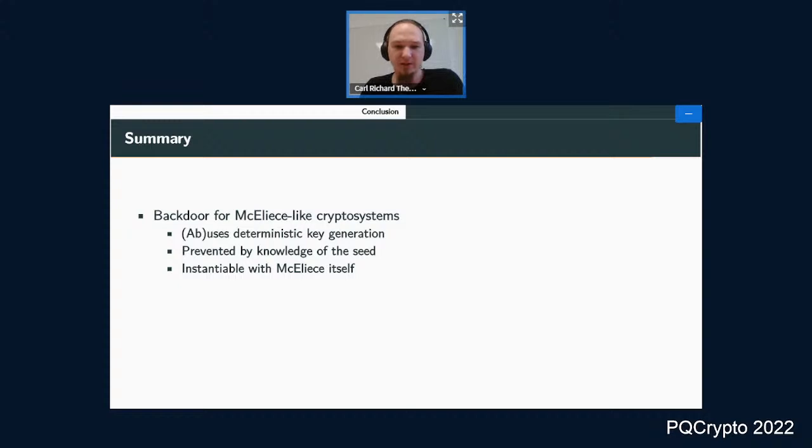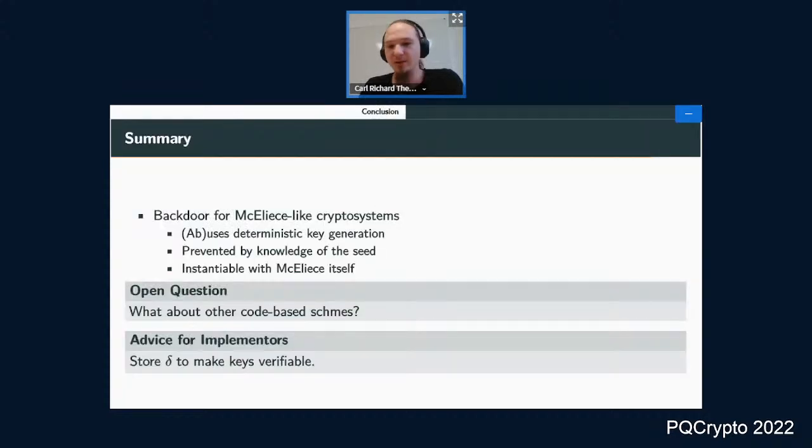An open question here is obviously whether this translates to other code-based schemes, for which, at least for BIKE, I don't really have an answer. For HQC, I don't see a way to do exactly this backdoor, but a rather simple other one.